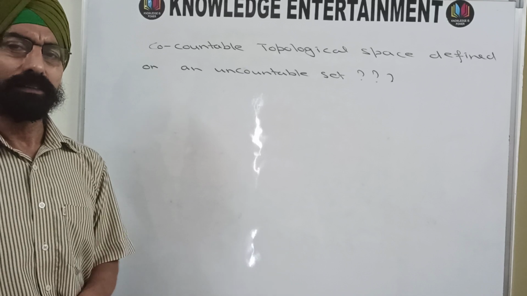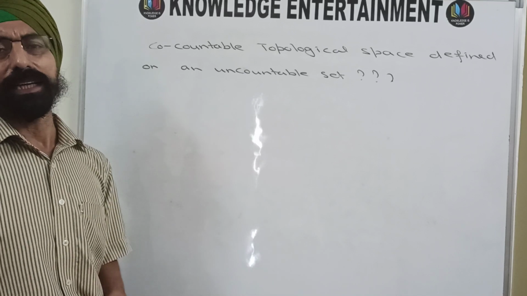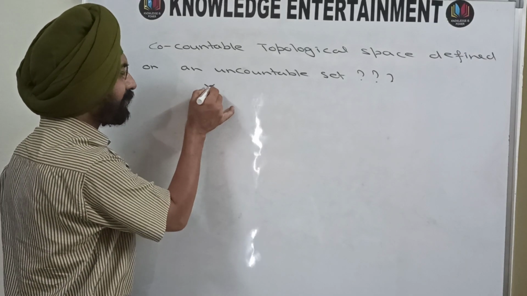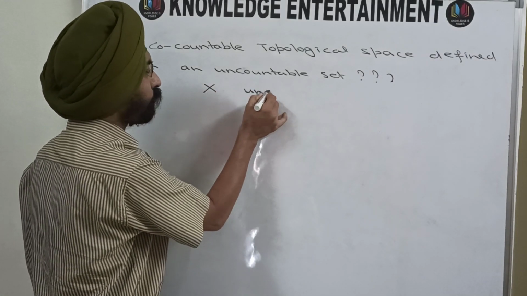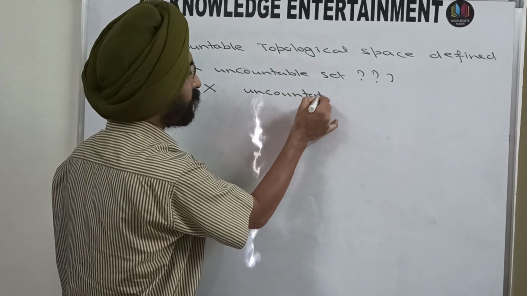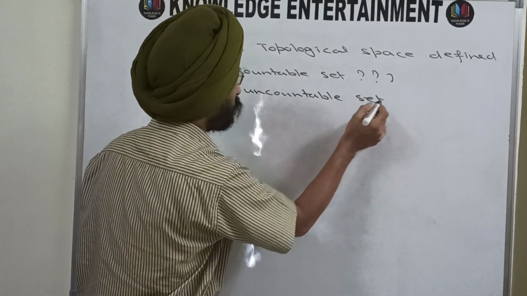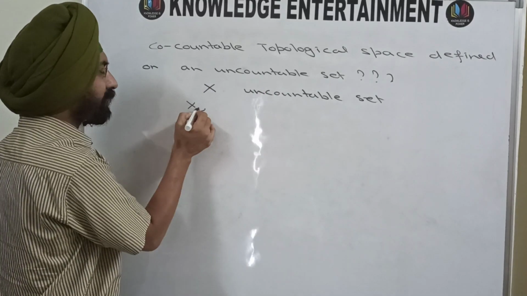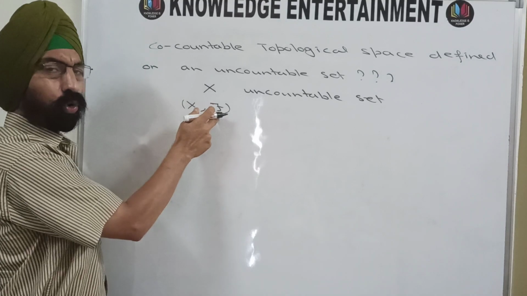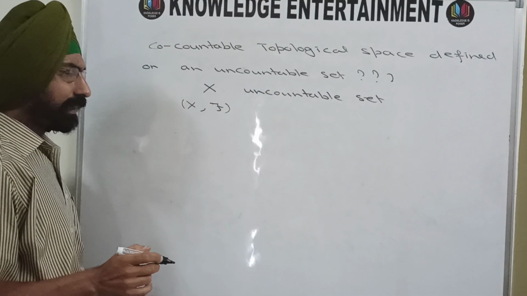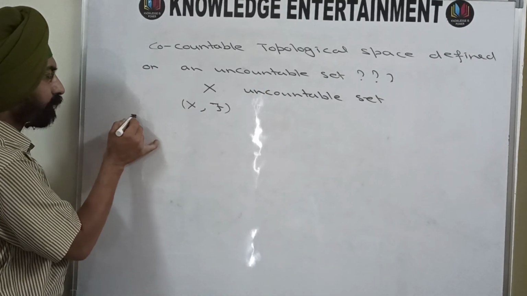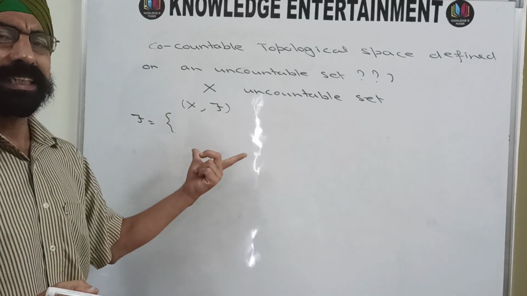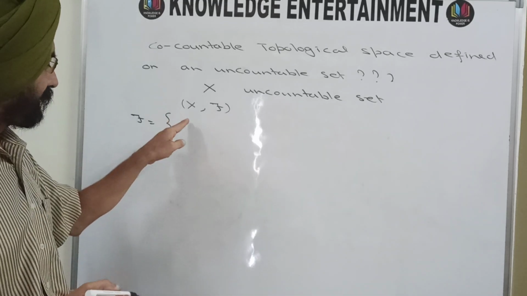So let us check whether it will form a T2 space, Hausdorff space or not. So let X be an uncountable set. So I have an uncountable set X, and tau is a topology, the co-countable topology, defined on this set. That means this tau contains, which sets will be there in this topology tau?